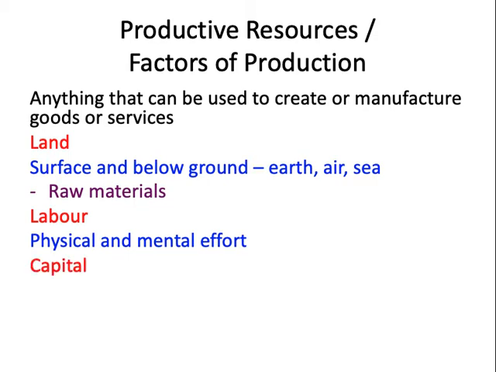And the 3rd is capital. Capital are goods that aid in production. There are several different types of capital, but right now we're talking about real capital. Capital could be machinery, factories, things that help perhaps your land or your laborers to do more production, right? So a laborer that is at an assembly line is going to produce faster than if they didn't have the assembly line.